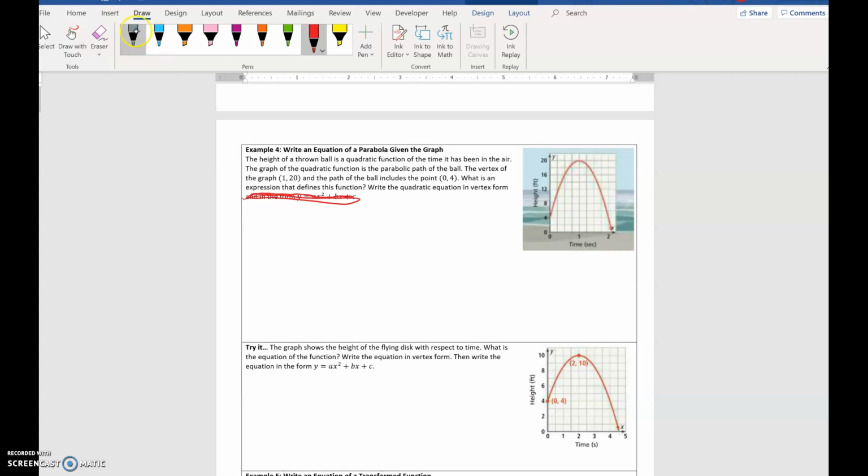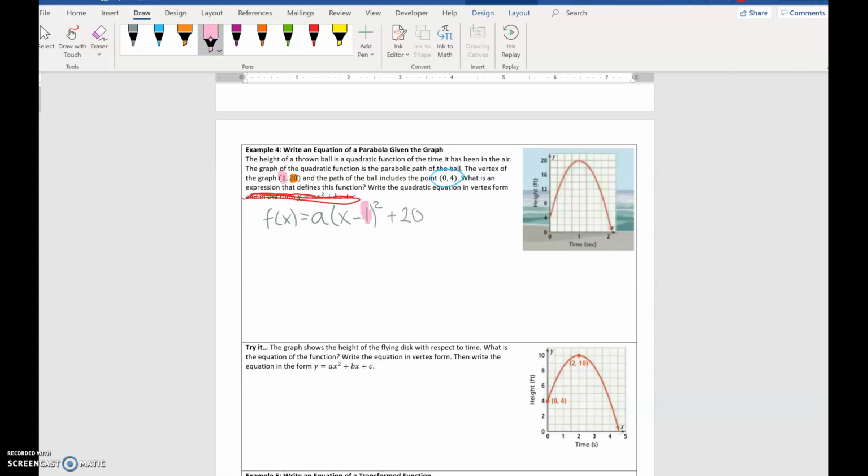So, with that being said, we have the vertex, which remember is our h and k. So this one is our h, and this is our k. And then we have the other point that it goes through, which is right there. So we can start plugging in. We have f of x equals, remember our dilation a, times (x minus our h value, which is 1) squared, plus our k value, which is 20.